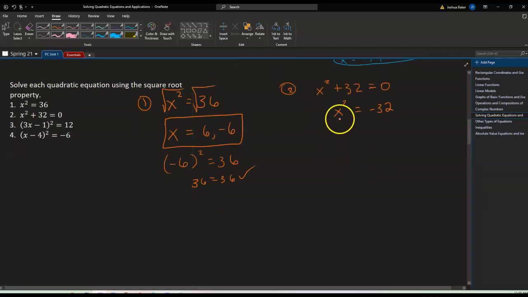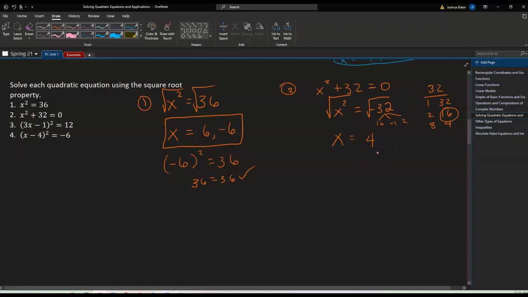Now if I want to take the square root of both sides, you can see that I'm taking the square root of a negative number. So I'm going to split 32: 2 and 16, 8 and 4. I'm going to use 16. So this is 16 times negative 1 times 2.